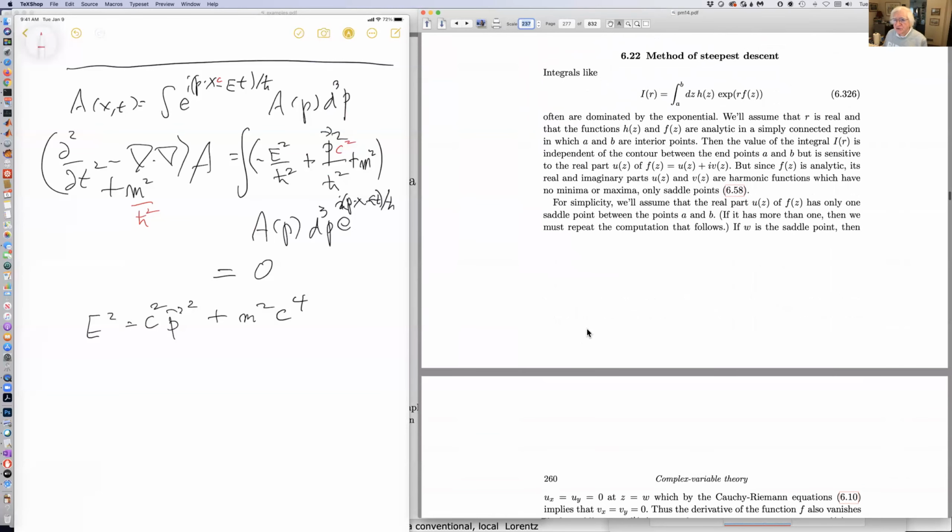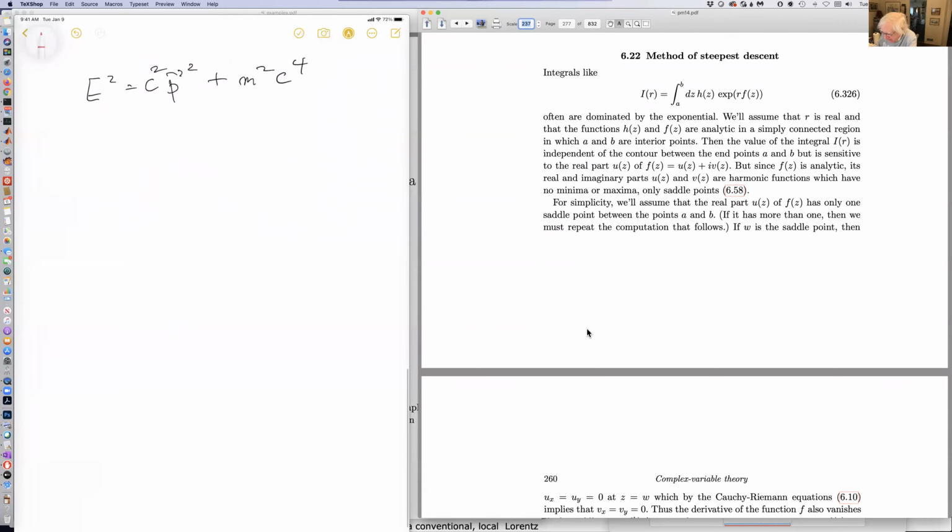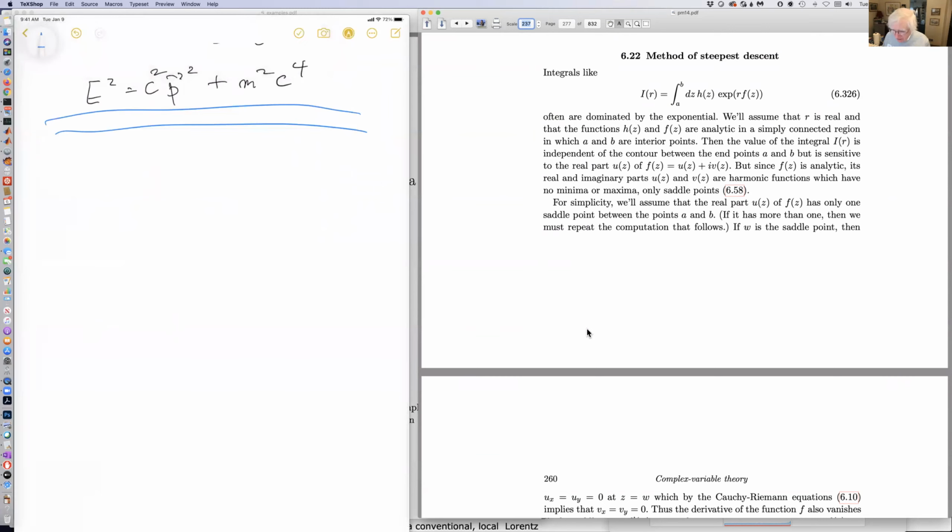Let's now go, though, to something called the method of steepest descent, which is a way of approximating integrals, and this will allow us in particular to derive Stirling's formula for n factorial. So let me first of all switch colors for a little while.